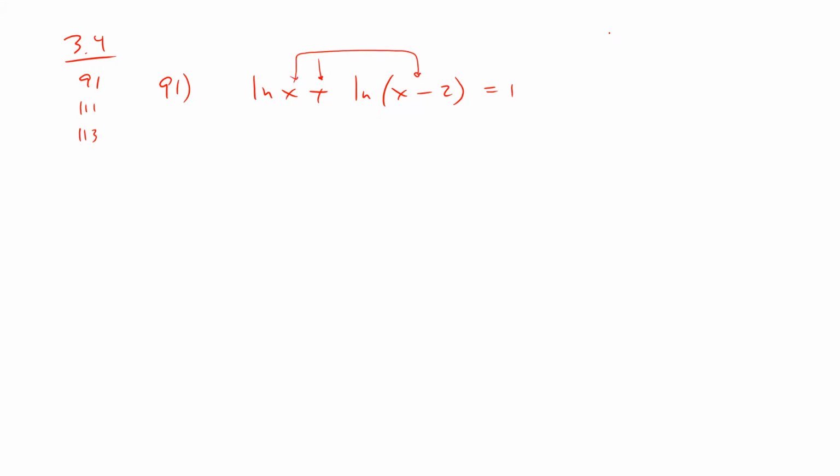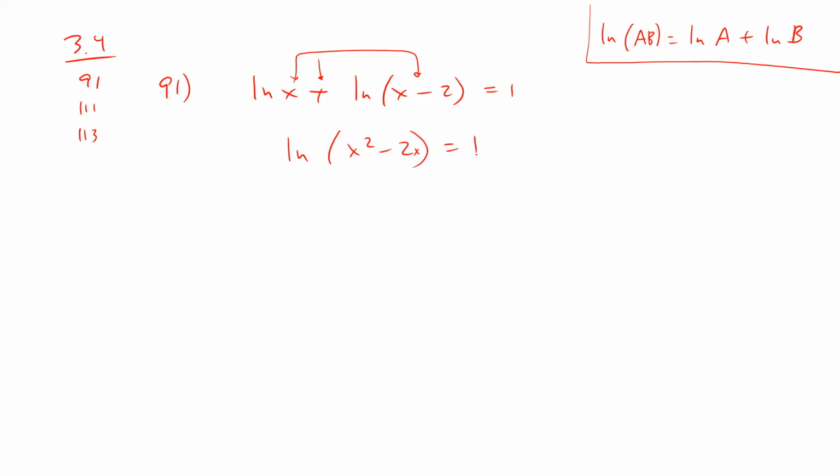A little rule off to the side: ln of a times b is equal to ln of a plus ln of b. We call that the product rule. Okay, so x times x is x squared, x times minus 2 is negative 2x. Got that in there.